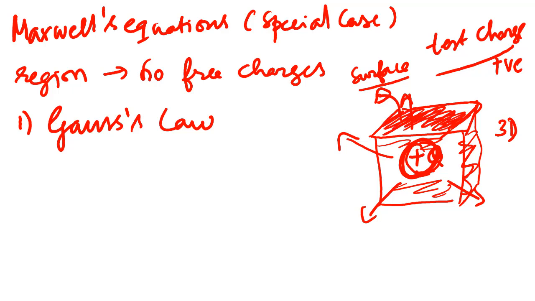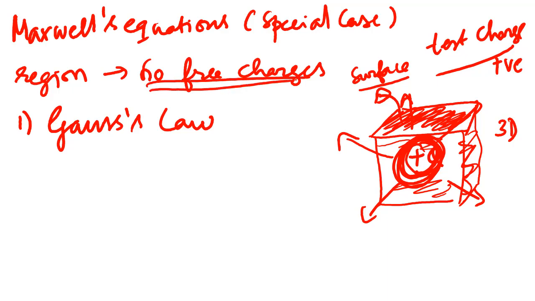So it's essentially looking at the flux, and the flux is directly proportional to the amount of charge that is enclosed, and that comes out obviously when you do electrostatics. And we are here for deriving the wave equation. We are considering a special case where there are no free charges.